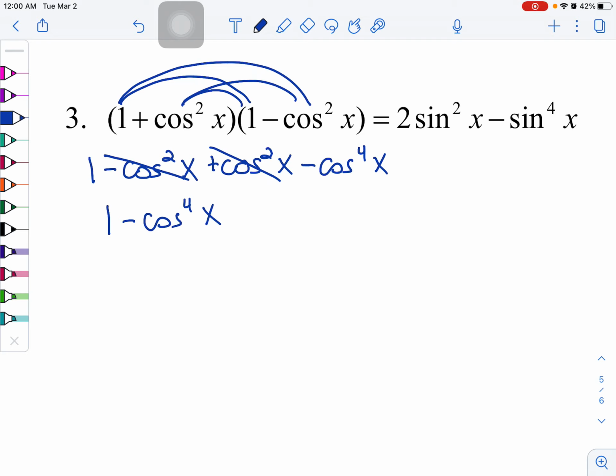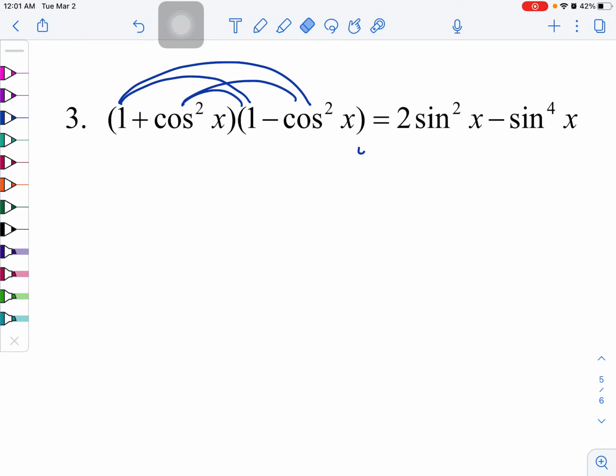Ooh, that might not be the best thing that I could have done here, but let's see what happens. All right, so 1 minus cosine to the 4th x. Now, I know what I'm trying to aim for, which is sines, and that did not help me get any closer to sines, did it?